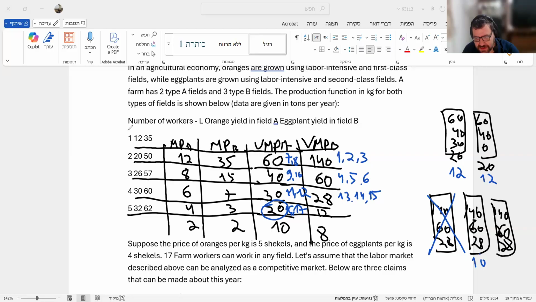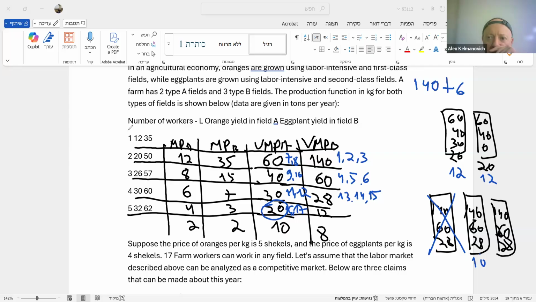So we go to 10. So instead of 140, 60, and 28, we have now 12, 12, and 10.